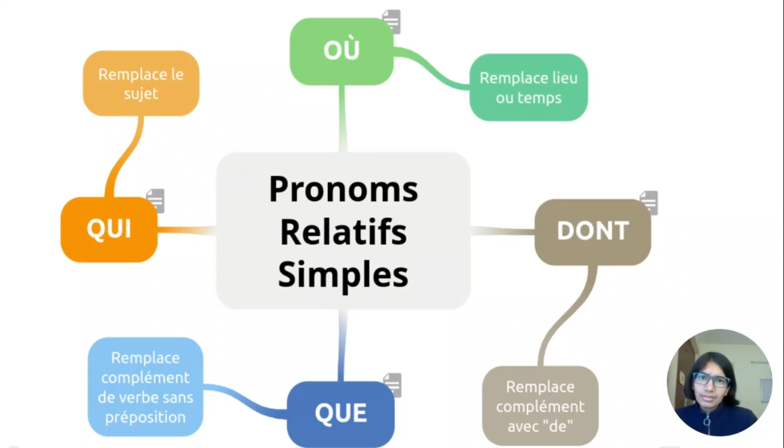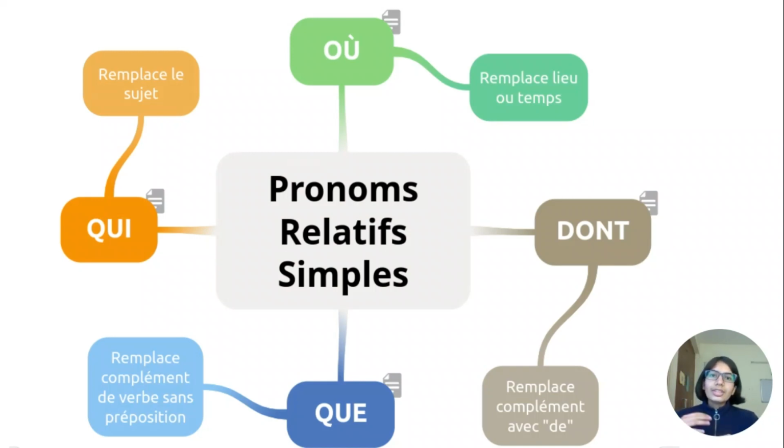Kyunki we want to make our language much more attractive. There's a very simple reason behind it. So we don't want that noun to get repeated again. So we want to replace it with a pronoun. But with which pronoun do we replace? With Que, Qui or Où or Dont? That is our purpose. That is the task which we are assigned with when we are solving these exercises जो कि हमारे exams में आती है.